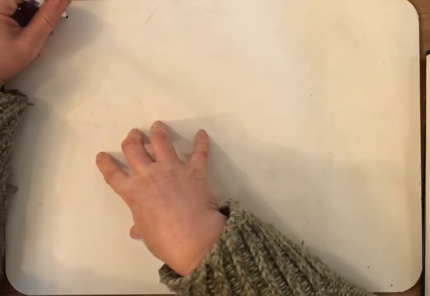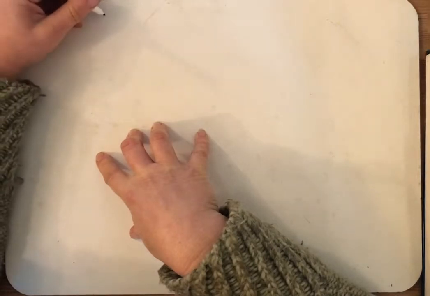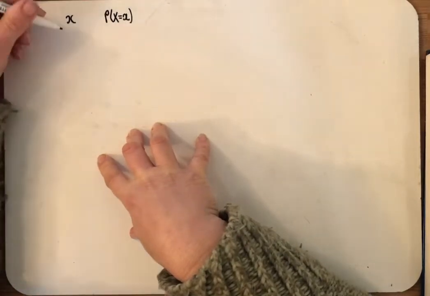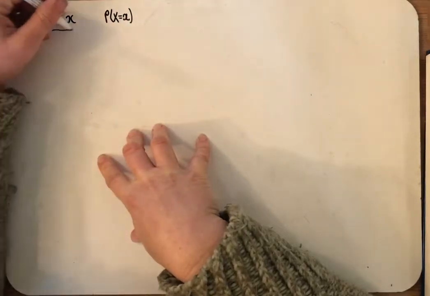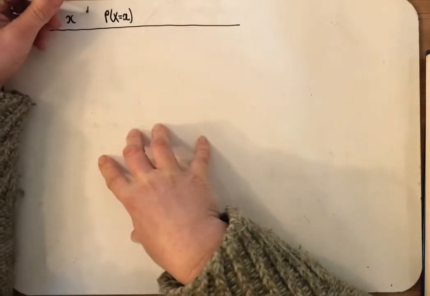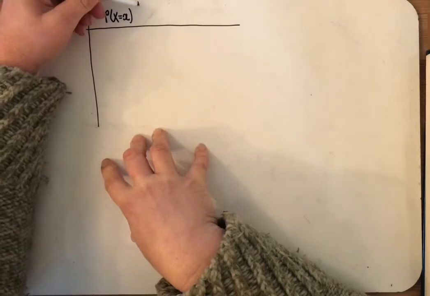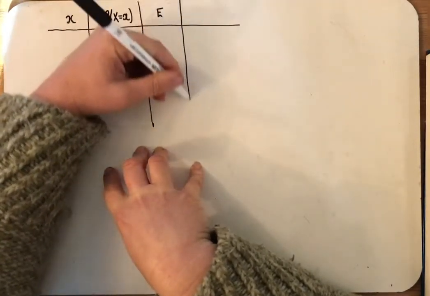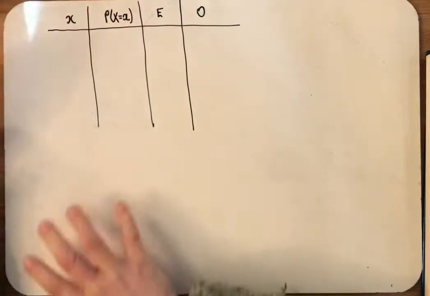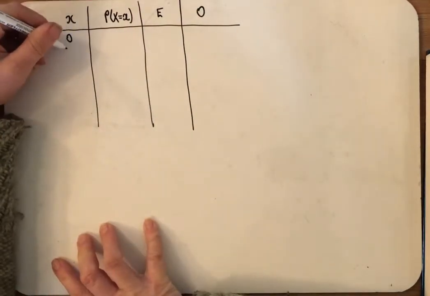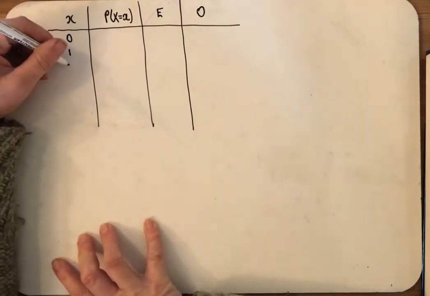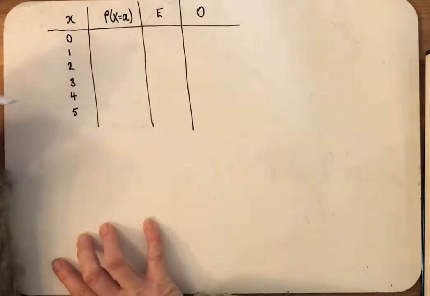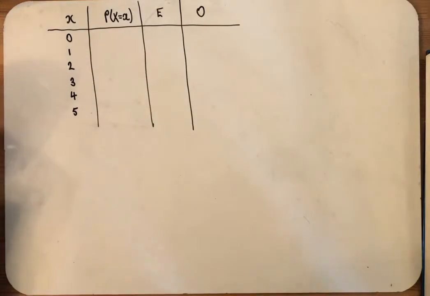So we've got x, the probability x equals x, and then expected values and observed values. So x is taking values from 0 to 5 because there may be no successes in 5 trials.